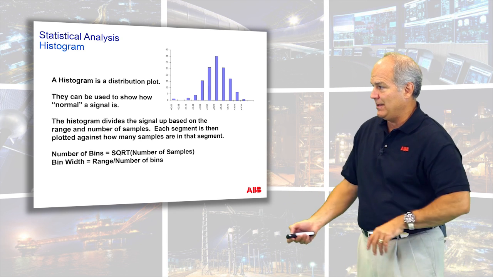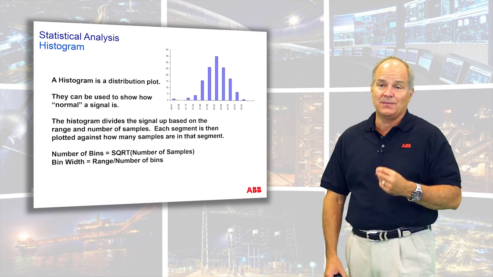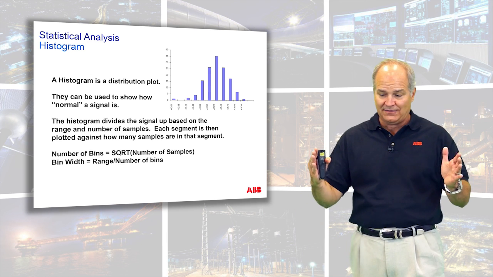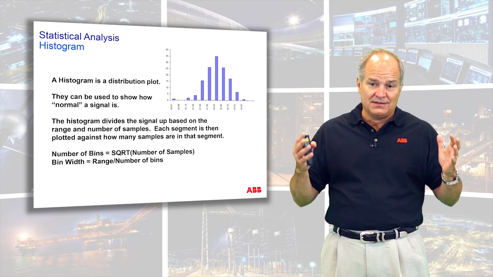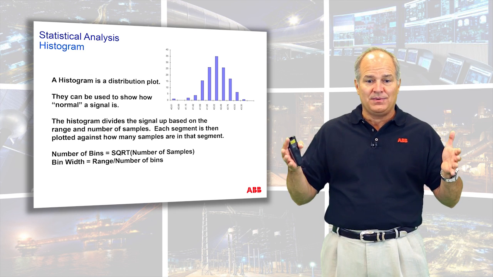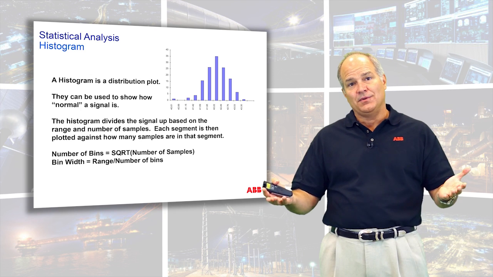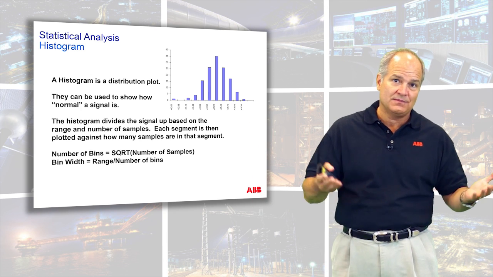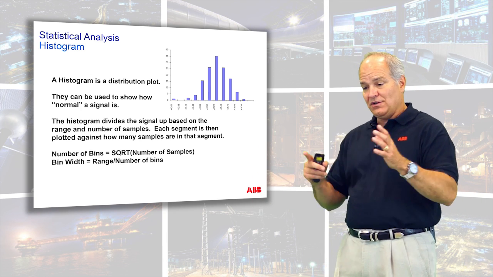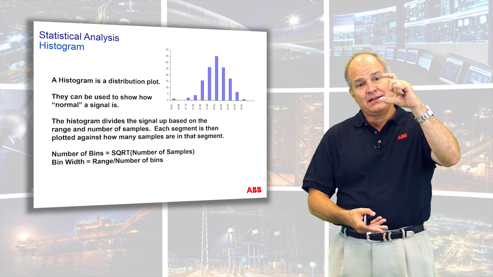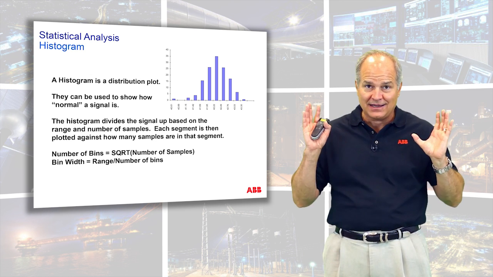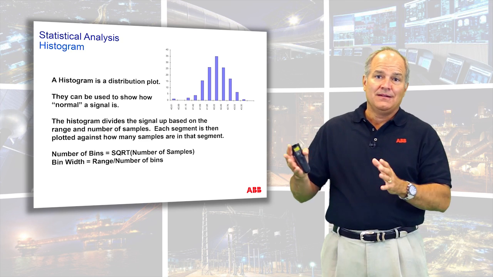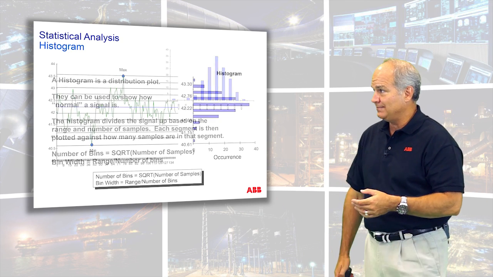Now, the number of bins is a function of the number of samples in your data set, so you have to have an analysis window. The statistically relevant number of bins is equal to the square root of the number of points. So if you have 100 points, you have 10 bins. Once you know the number of bins, you can calculate the width of each bin by the range divided by the number of bins. That's how histograms are set up in all of the stuff that we've made.